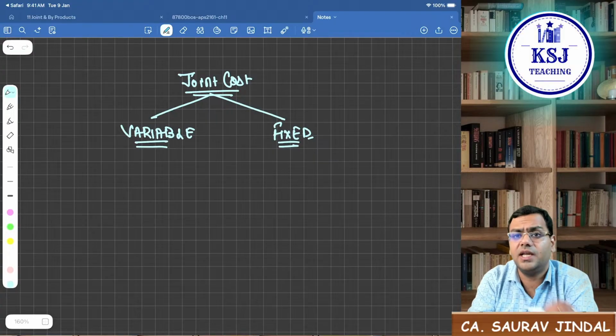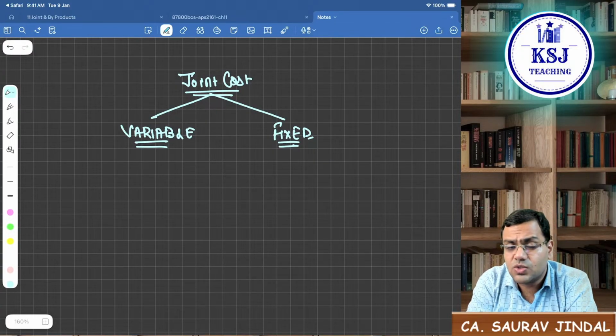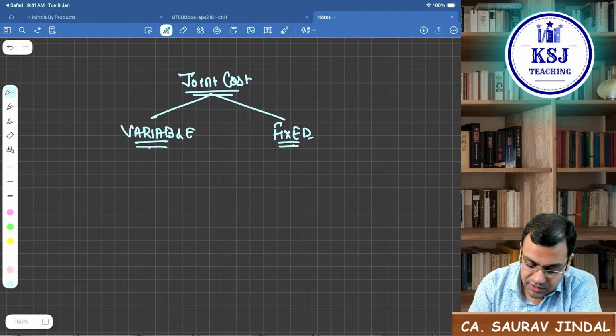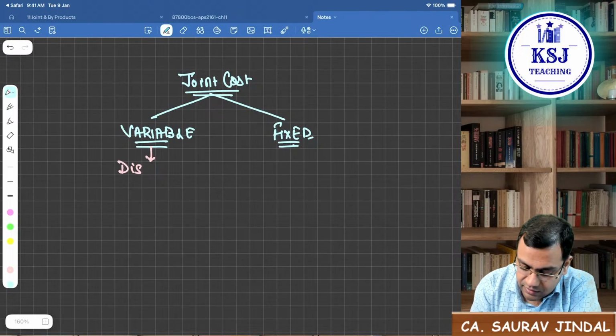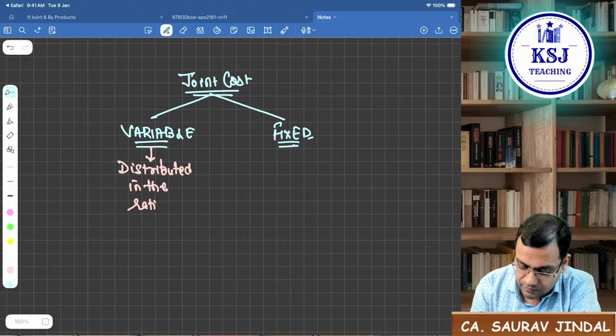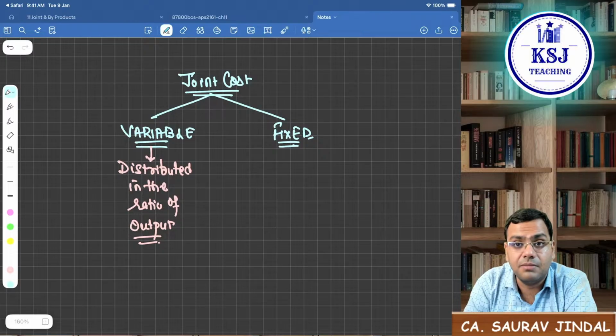Now, logically, variable cost is the cost which is totally dependent upon the number of units being manufactured, right? So they say this variable cost should be distributed in the ratio of output, that is, the number of units being manufactured.